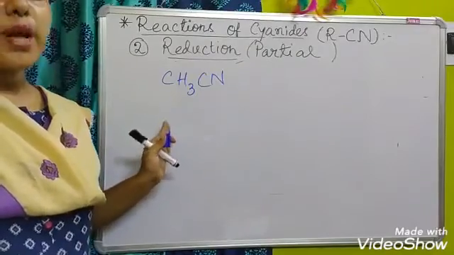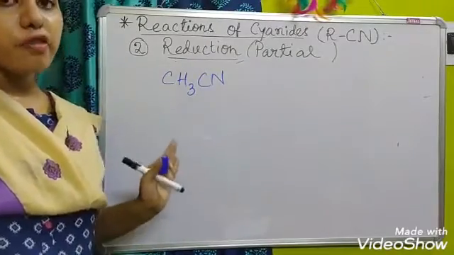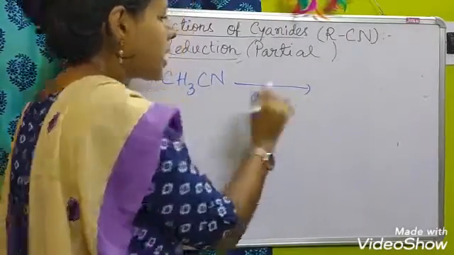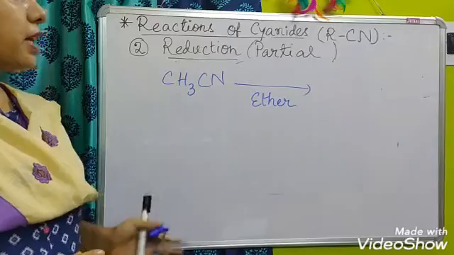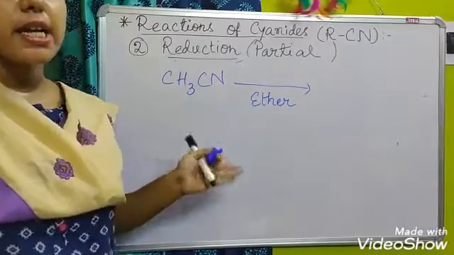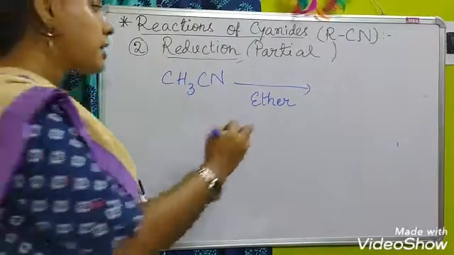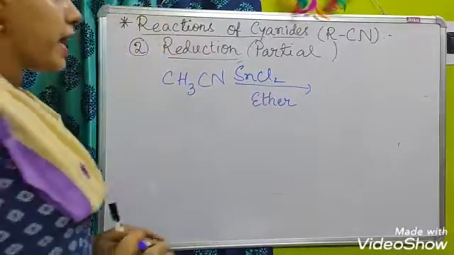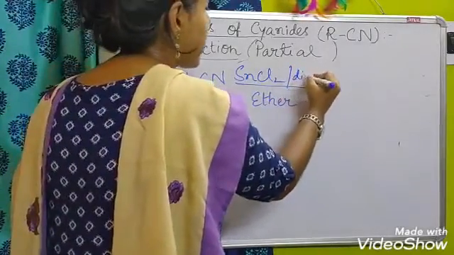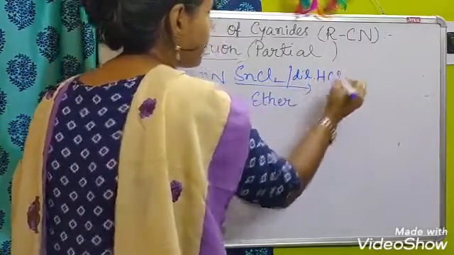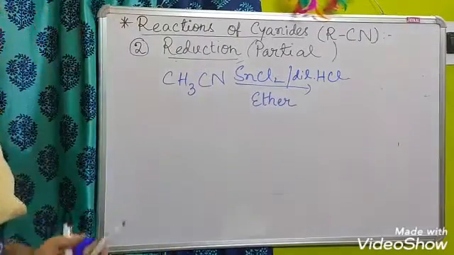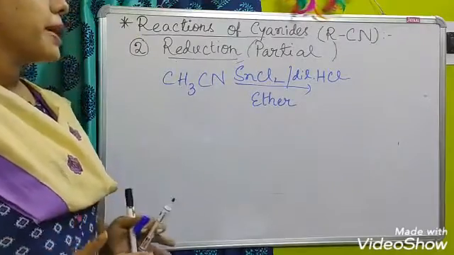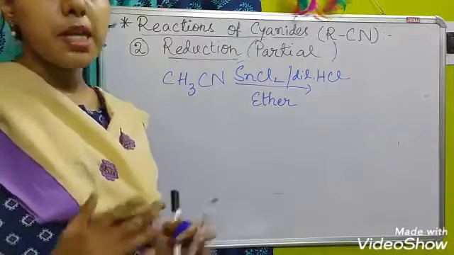Okay, so first of all, we have to take the ether solution of methyl cyanide. So here ether solution is taken, and then we have to add here stannous chloride in acidic medium. Stannous chloride means SnCl2 in acidic medium, that means dilute HCl is present in the reaction medium. So this will be reduced but partially.